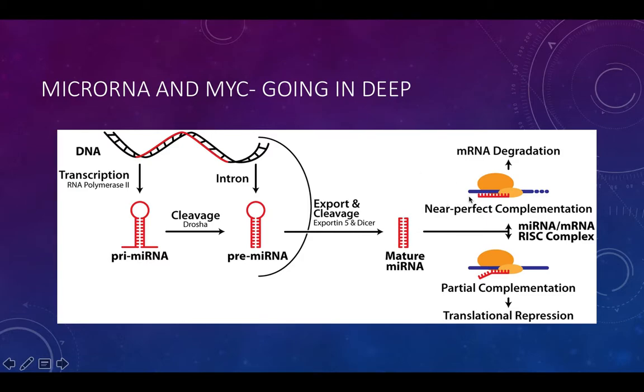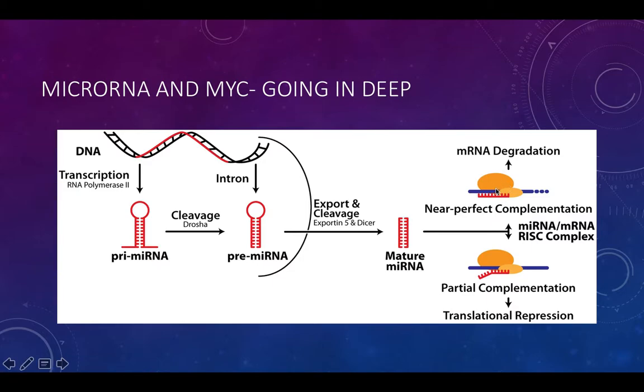microRNA can then have one of two activities. It can directly and perfectly bind to the messenger RNA itself, leading to its degradation. This requires a very specific biochemical interaction, so they need to be almost identically complementary to each other.